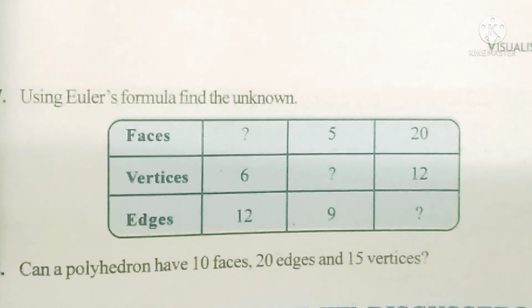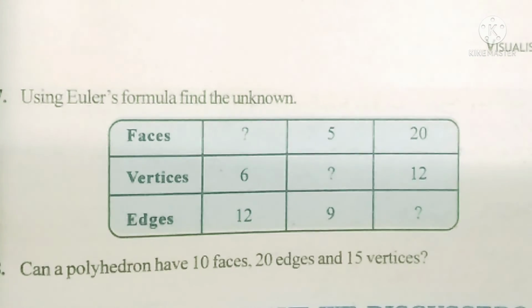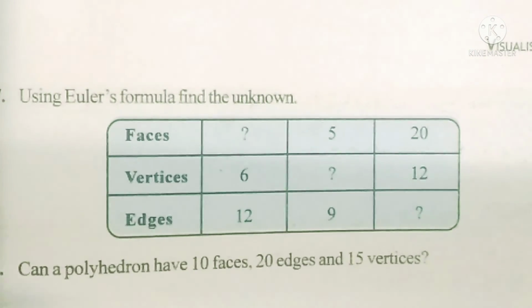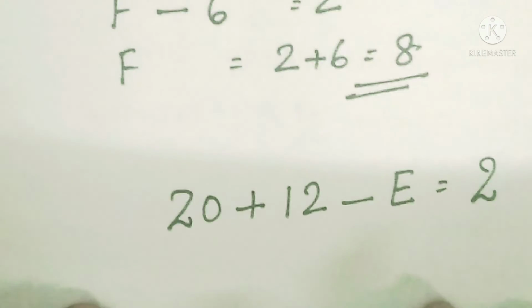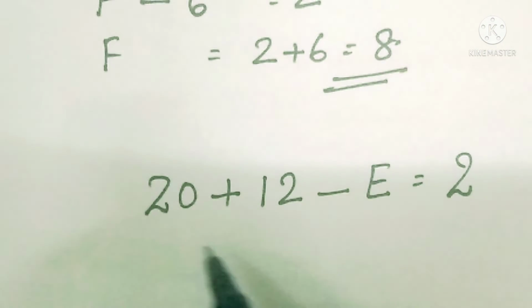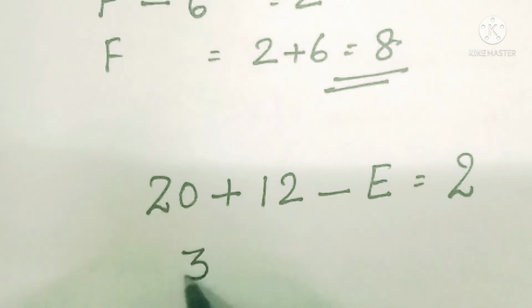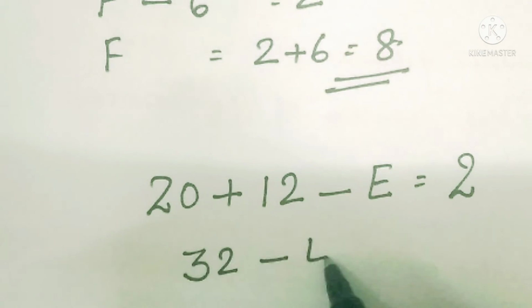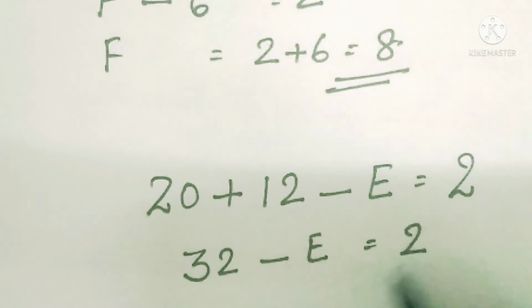Now the third question is 20 faces and 12 vertices and edges we don't know, is equal to 2. See here, 20 plus 12. How much is 20 plus 12? 32 minus E is equal to 2.